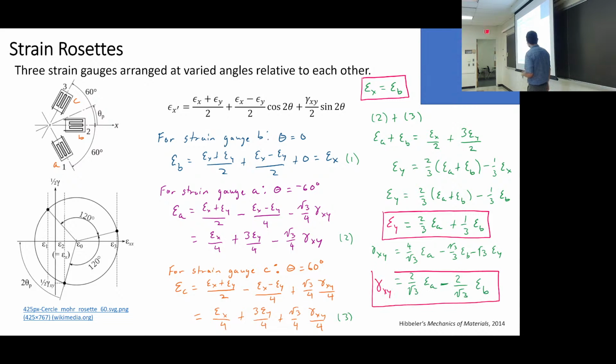So what is the point here? I'm looking for three parameters: epsilon x, epsilon y, gamma xy. Each one of these strain gauges only measures reliably in one direction. So for three unknowns, I need three sensors. Pretty straightforward.